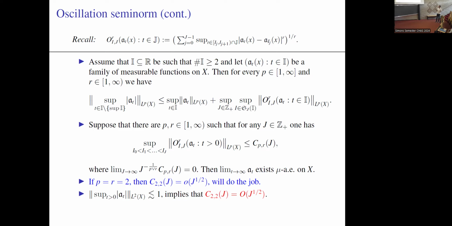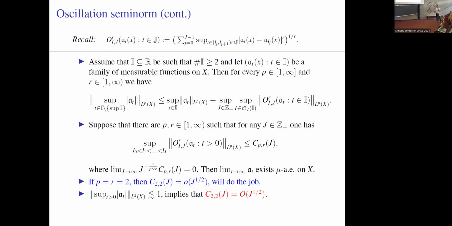So he in fact proved that for p equal to 2 and r equal to 2, so two oscillations and an estimate on L^2, this constant is of order square root of j. From this, it's sufficient to know that this constant divided by the square root of j tends to 0. Okay, this is what I mentioned last time.